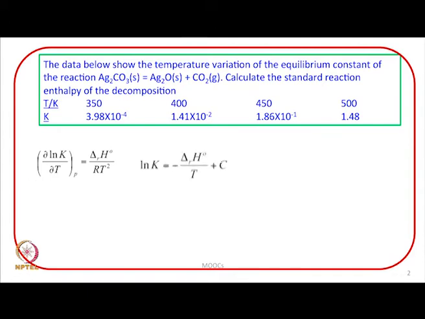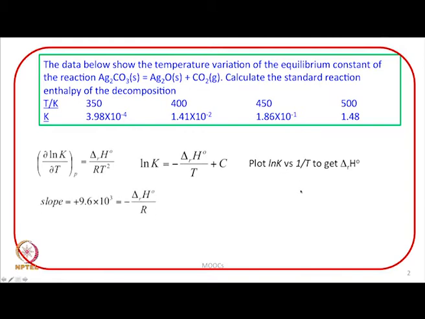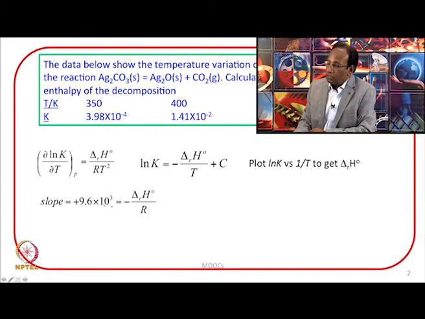And as I just discussed, an integrated form of this Van 't Hoff equation can be written as log k is equal to minus delta H naught by RT plus a constant. And we plot log k versus 1 by T to get delta H naught. As I just discussed, if I plot log k versus 1 by T, there has to be R over here.